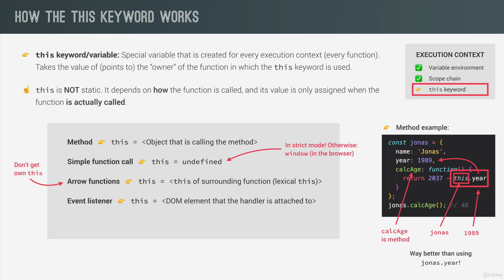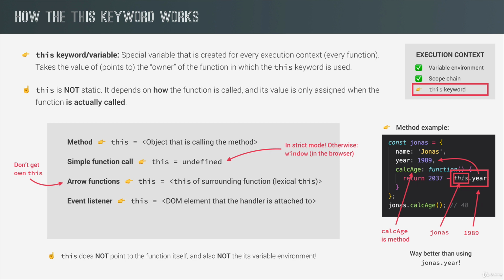And to make it even simpler, it's also important to know what the this keyword is not. So this will never point to the function in which we are using it. Also, the this keyword will never point to the variable environment of the function. And these are two pretty common misconceptions, and so that's why I'm addressing them here. Okay? So again, the rules that I showed you here is all that you need to know.